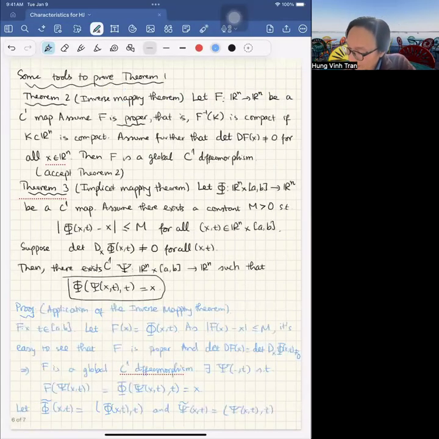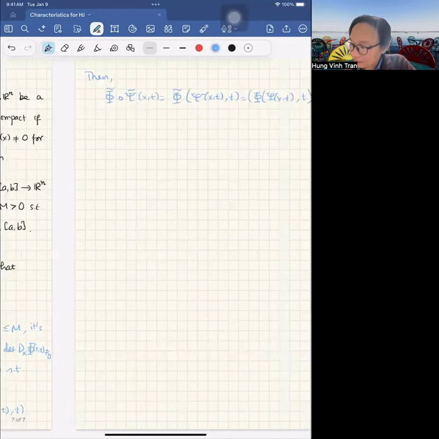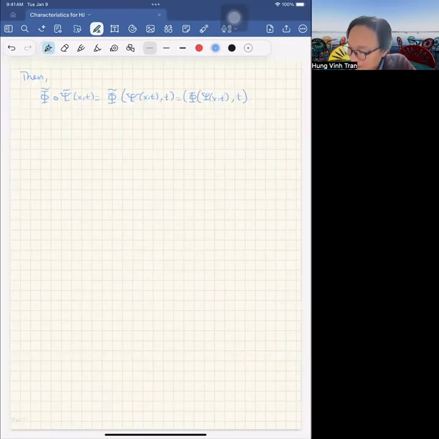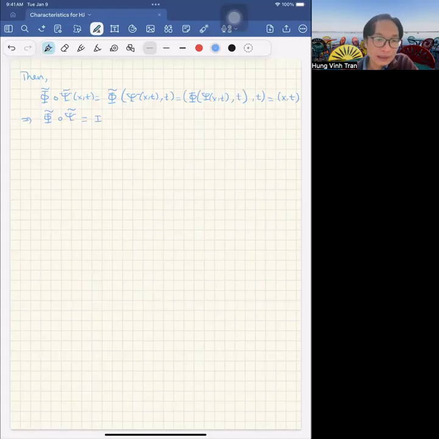And again, phi of c of (x,t), t is x, and then t. So this is just (x,t). This implies that phi tilde composed with c tilde is the identity map.